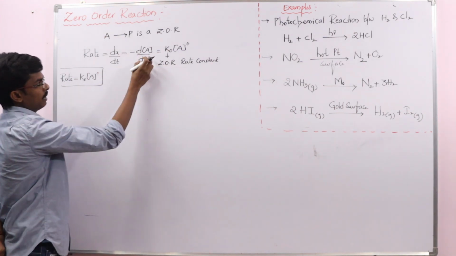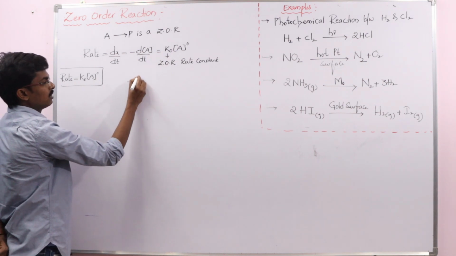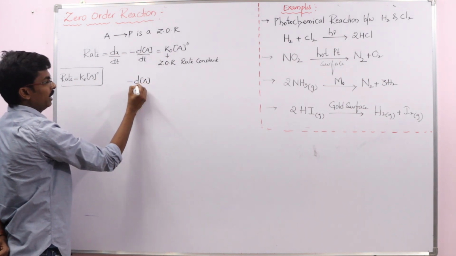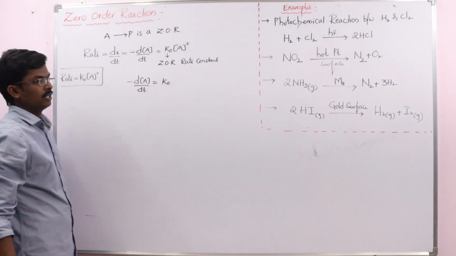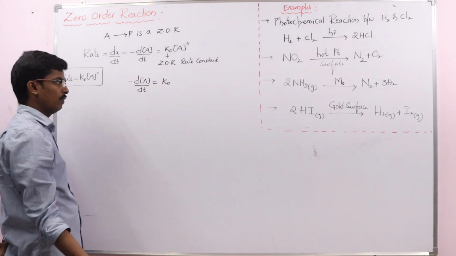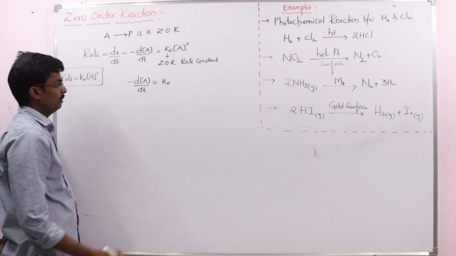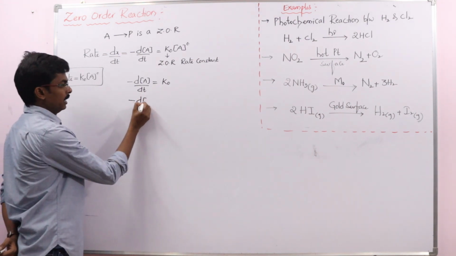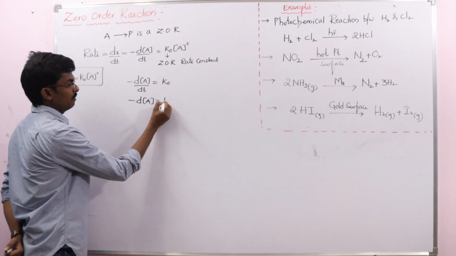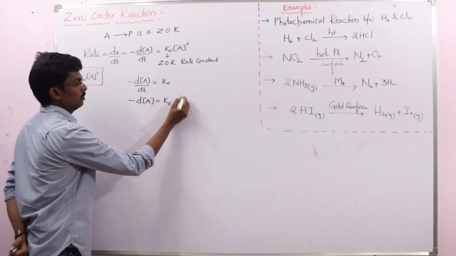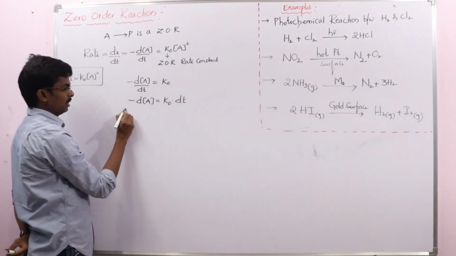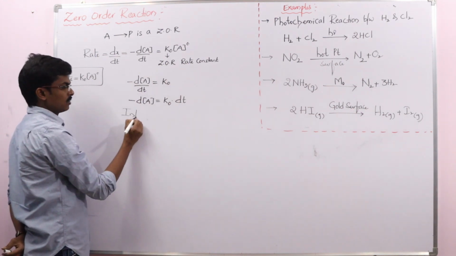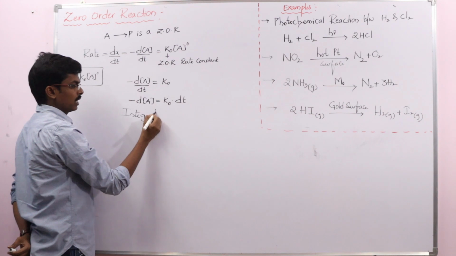I take the equation minus d concentration of A by dt equals K naught concentration of A to the power of 0, which is nothing but 1. So minus d concentration of A by dt equals K naught, giving minus dA equals K naught dt. Here I would like to do the integration on both sides.